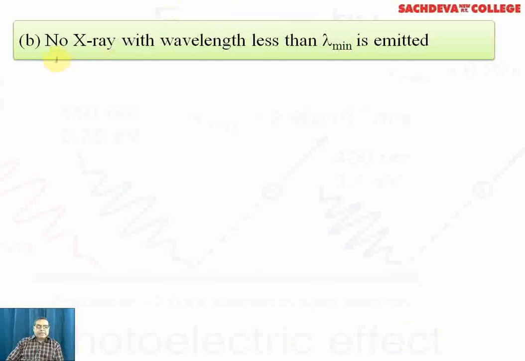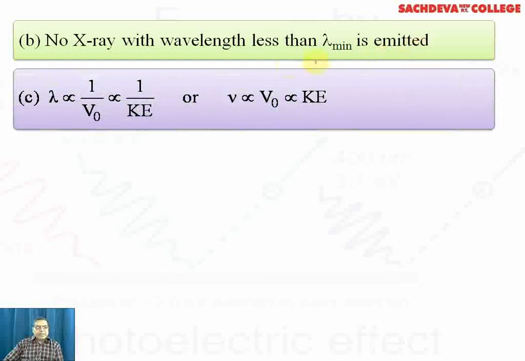Another point is that no X-ray with a wavelength less than lambda minimum is emitted. So the minimum wavelength is 10 to the power minus 11 meters and the maximum is 10 to the power minus 10 meters, that is 0.1 angstrom to 1 angstrom.